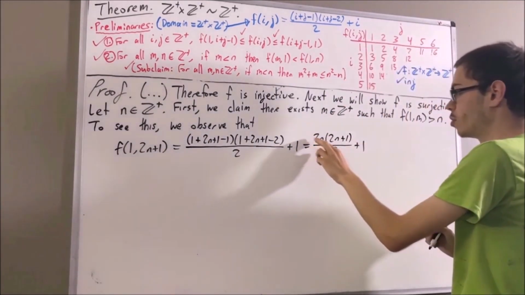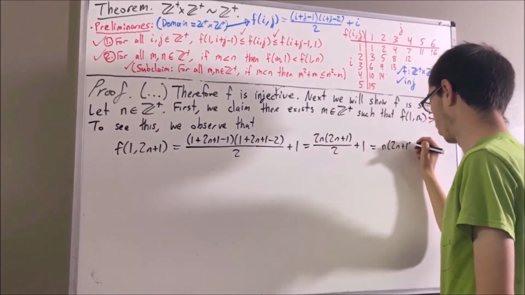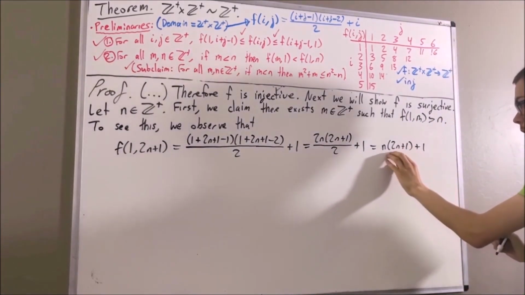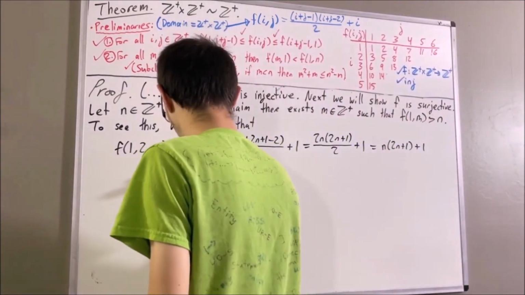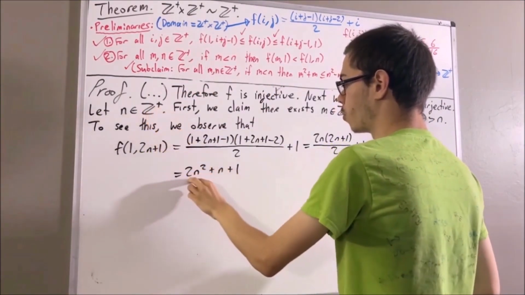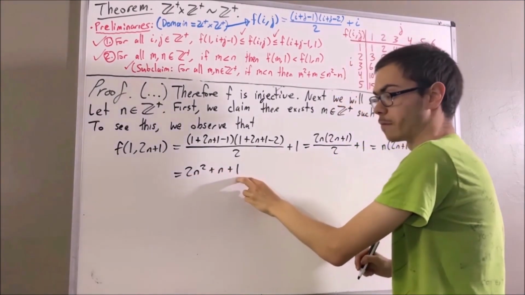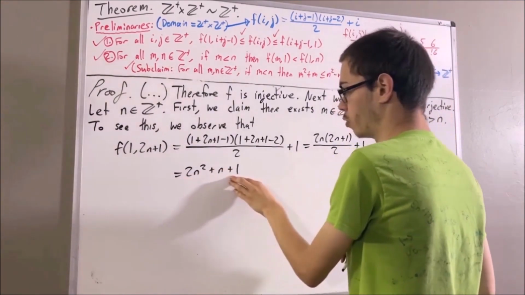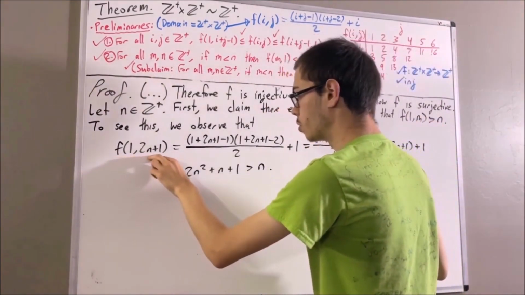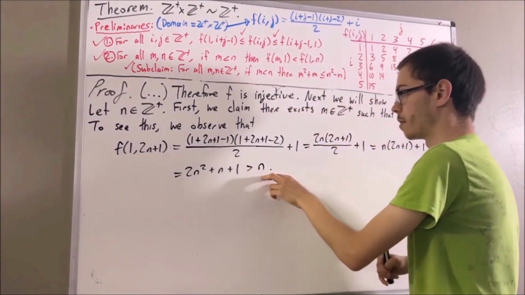As we can see, the 2's cancel out. If we distribute the n across, we're going to be left with 2n squared plus n plus 1. And since n is a positive integer, it follows that 2n squared plus 1 is positive, so this must be greater than n. So f of 1 comma 2n plus 1 is greater than n.